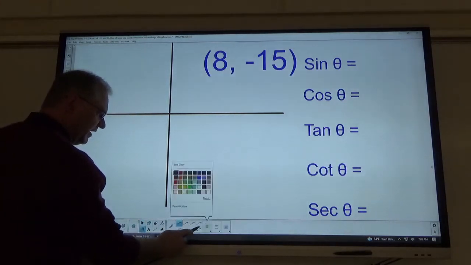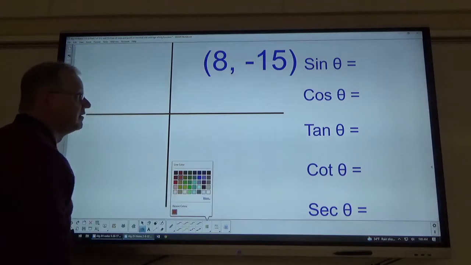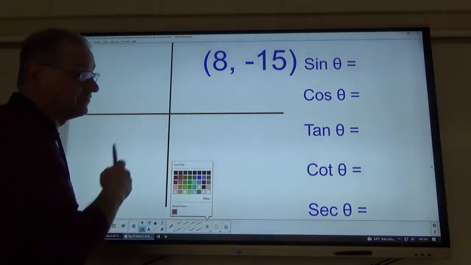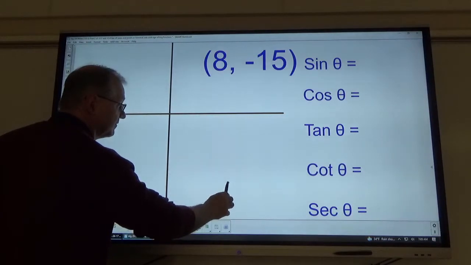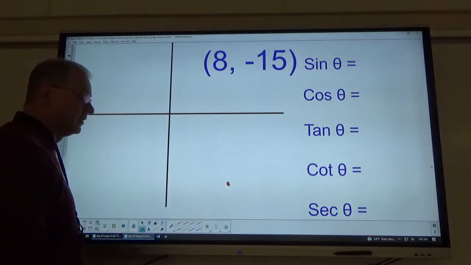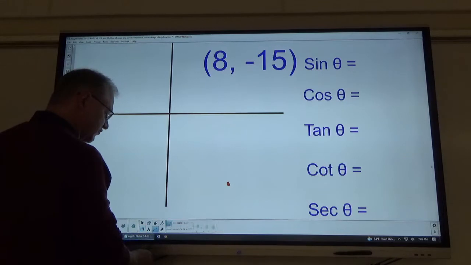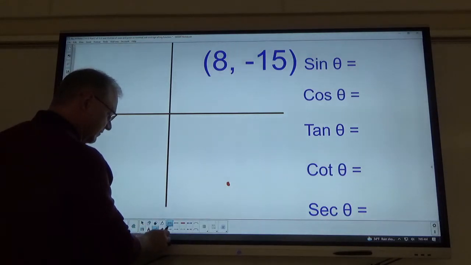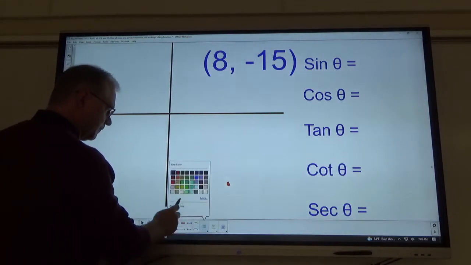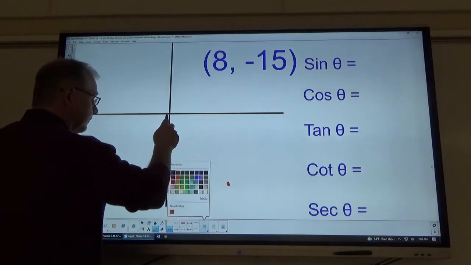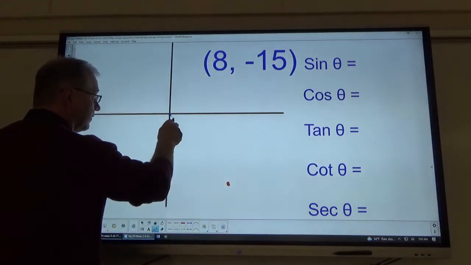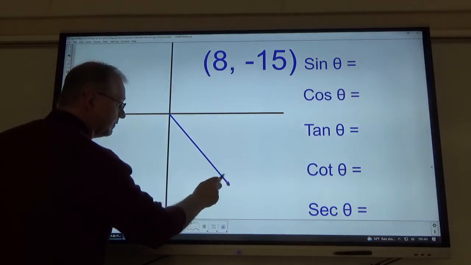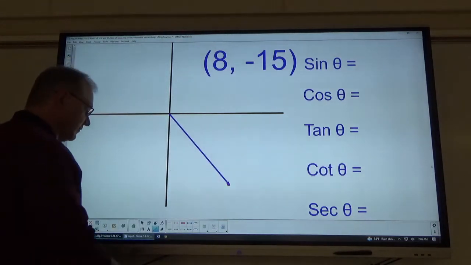So the point (8, -15) is somewhere around there. So if I were to draw a ray to that, here's that ray coming out to that point.